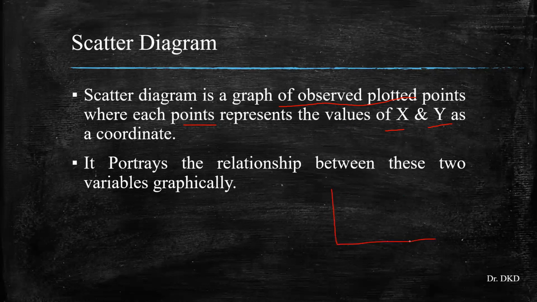Like this, this is the horizontal line, the x, and this is the y. If we put variables x and y on this graph, we can plot each value of x and y, and we will get the scattergram like this. So we can understand the relationship with the help of the scatter diagram.